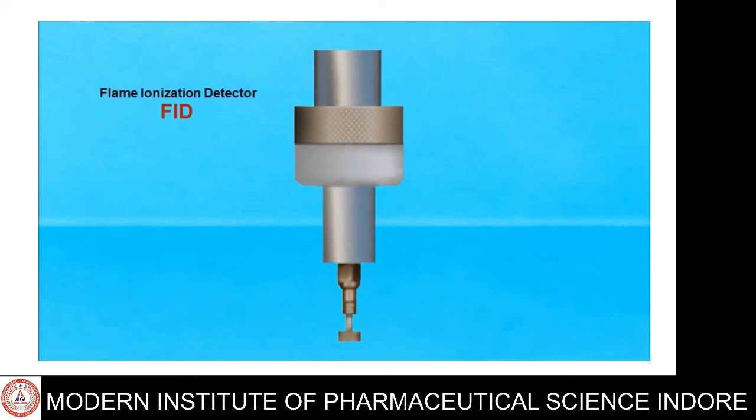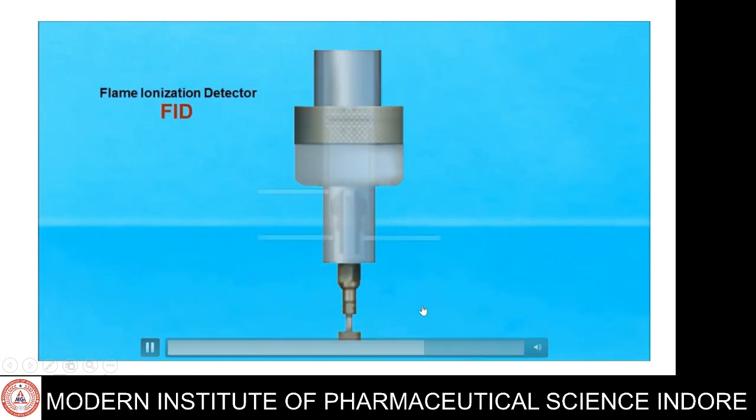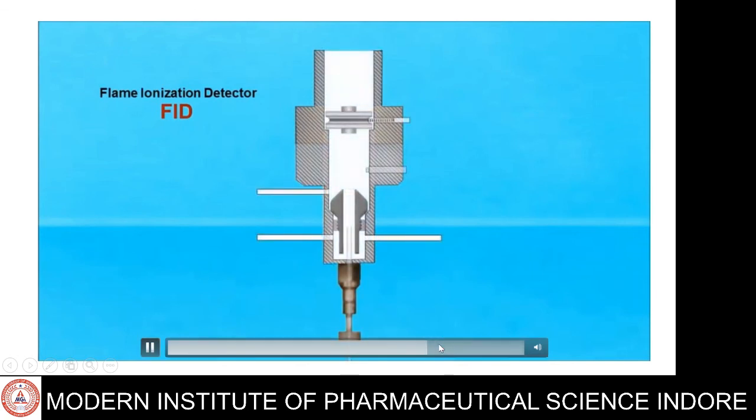Now, detectors. Many types of detectors are used in the gas chromatographic system. First is the flame ionization detector, which uses a flame for the detection of the sample.